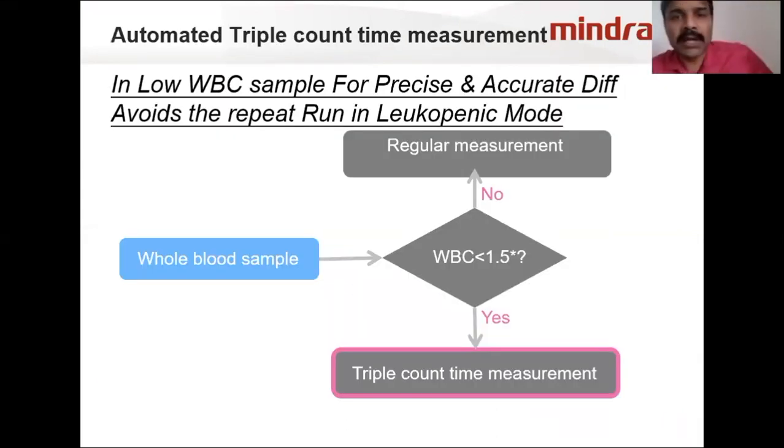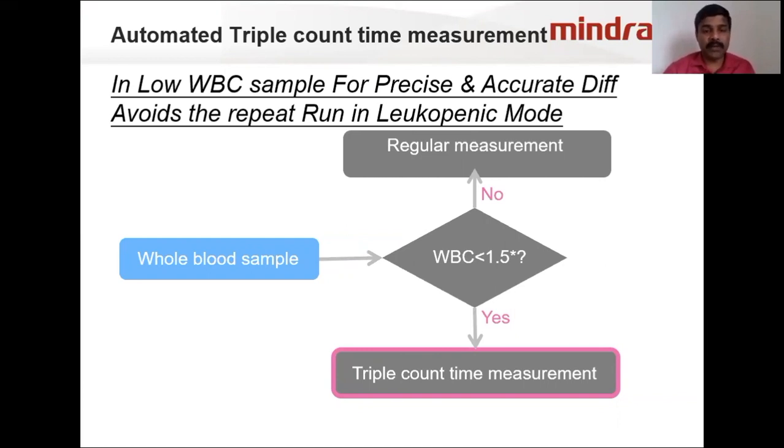Coming to this advanced technology, how has it been more efficient in measuring low WBC samples? In the earlier generation instruments, there was a different mode where you had to run the low WBC sample again to get more precise and accurate differential results.